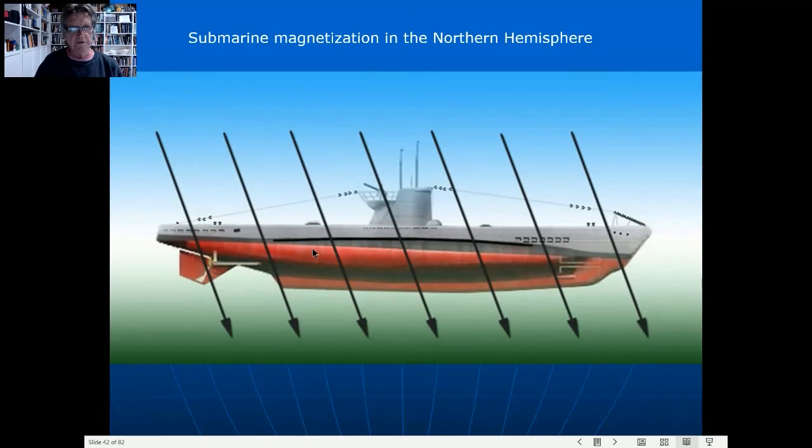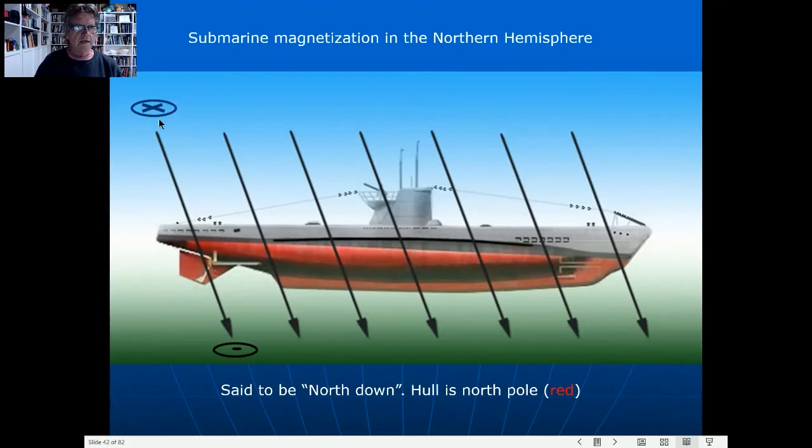Okay, what we do in physics to indicate the direction of these field lines, we put a little circle with a cross in it, and a circle with a dot in it for the tip of the arrow. So you can imagine if your eye was down here and looking at that arrow, you'd see a little point, and that's shown by the arrow. If your eye was up the top here, you're looking at the end of the arrow, you'd see the tail feathers. So we indicate with a cross and a dot the direction of the magnetic field.